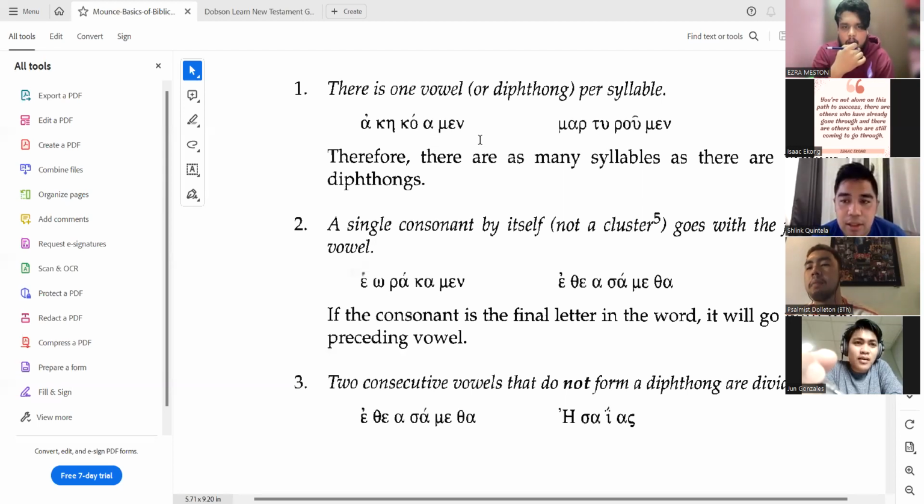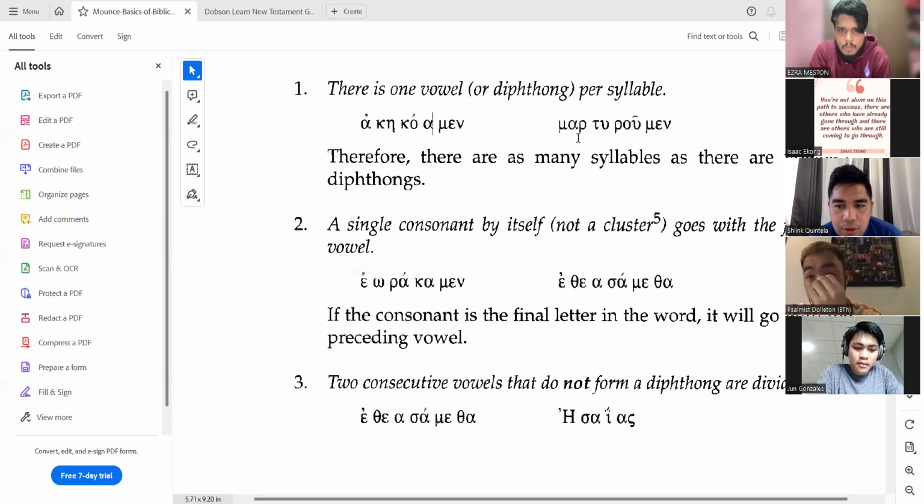Men. Okay, the natural way. Men. Notice that the accent is here on the omicron. Men. Okay, next word.